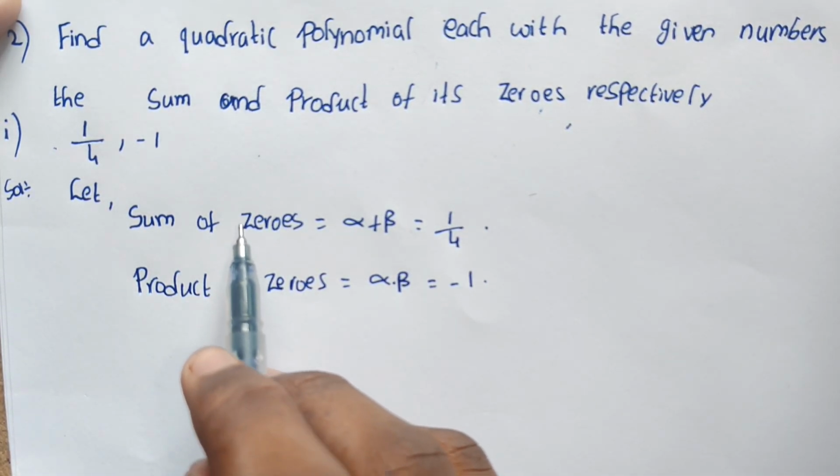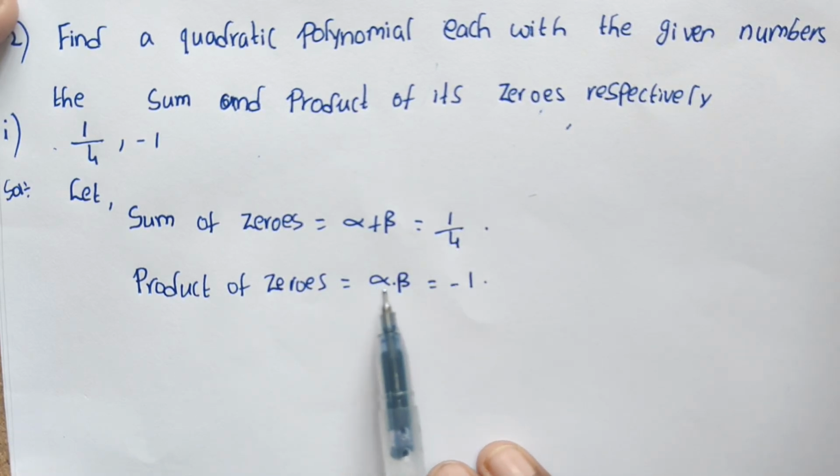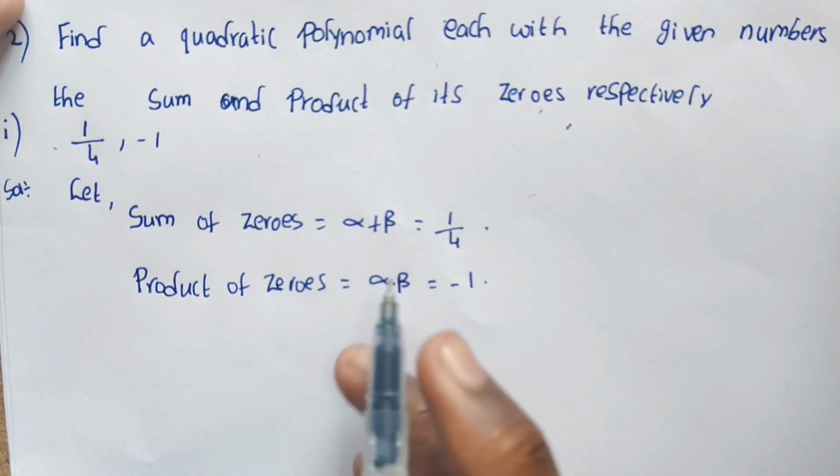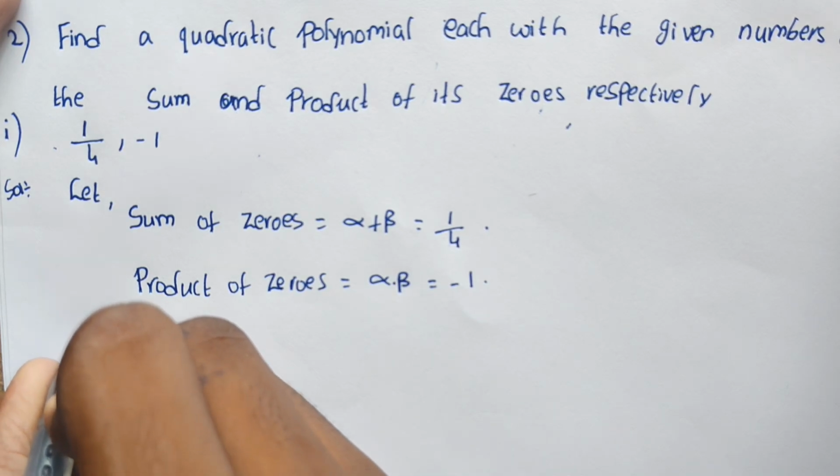So alpha plus beta is 1 by 4, and alpha into beta is minus 1. We got the sum and product of its zeros, so let us find the quadratic polynomial.